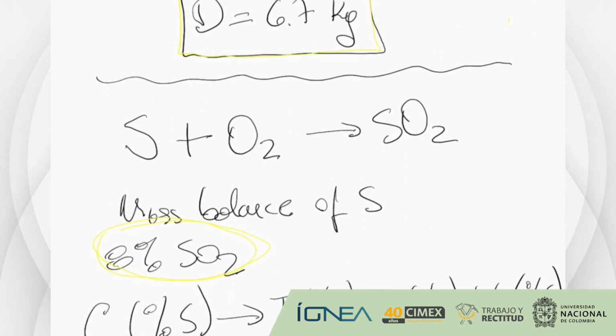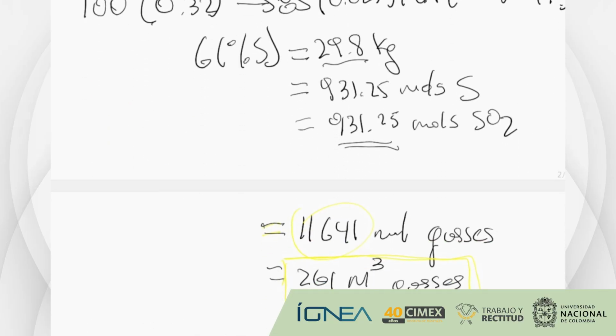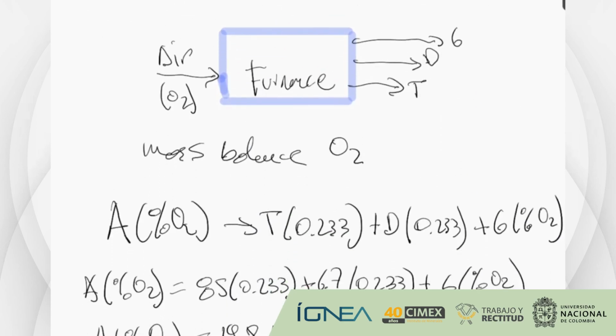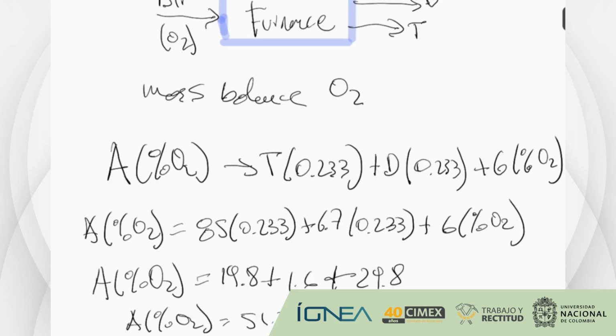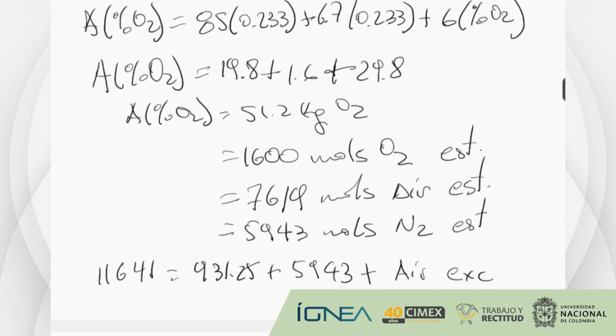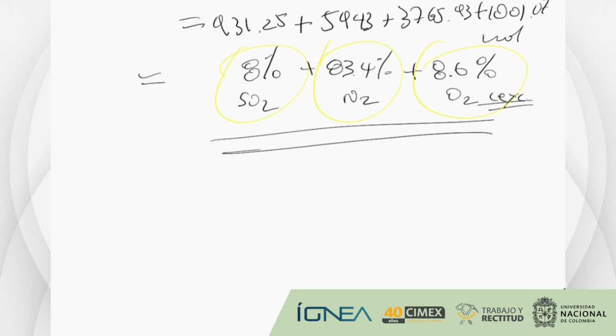First, we made a mass balance of zinc. Then we made a mass balance of sulfur. And finally, we made a mass balance of oxygen in order to define the kilograms of gases we obtain by the chimney. We made the complete calculation of the problem. Okay, this is completely the material, and in this sense, we finished the exercise.